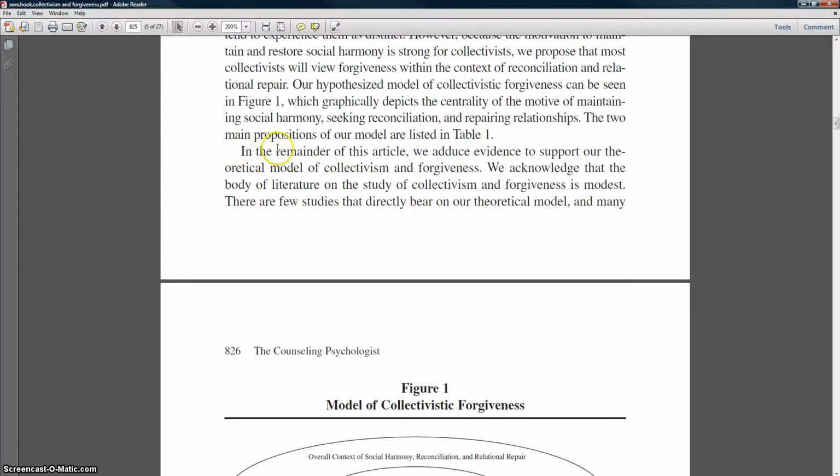And then what he's really doing is setting up two main propositions of the paper that are going to organize the rest of the paper. So he ended up using a thematic organization where, other than this intro, which funnels to these two propositions, the paper is organized based on evidence in support of these two propositions that he lays out.